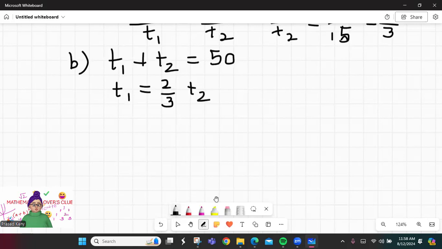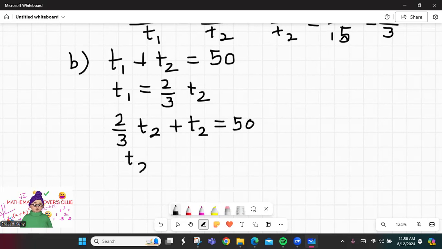And solving these two simultaneously, I get 2 upon 3 t2 plus t2 is equal to 50. So if I take t2 common, it will be 2 upon 3 plus 1, times t2, is equal to 50.